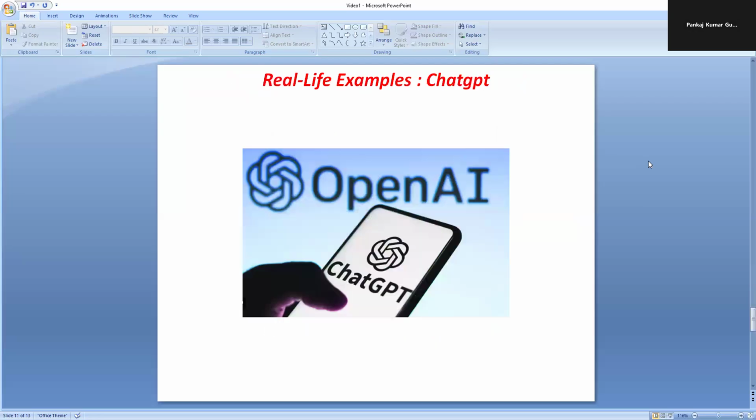Moving to the next one, ChatGPT. Most of the students are now using ChatGPT to understand concepts, solve problems, and take suggestions in their homework as well as guidance while implementing any project.